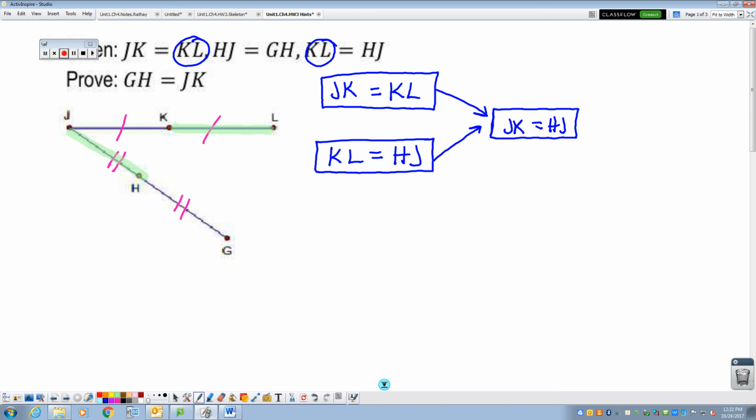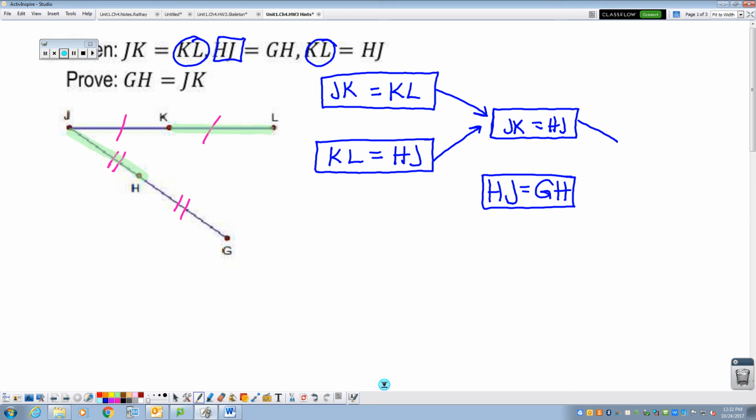Well, we have HJ and JK in other spots. Here's HJ right here. HJ is equal to GH. So if I bring that back in, HJ equals GH.